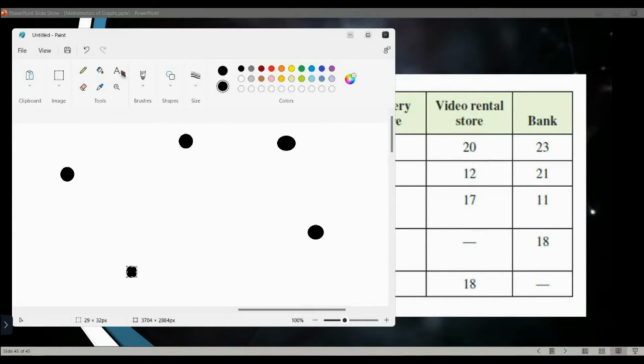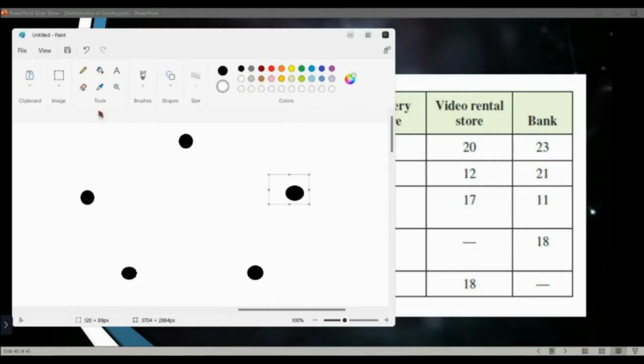Okay, let's arrange this. Maybe we could just draw a pentagram or a star. Ayan. Mukhang star naman na siya, no?